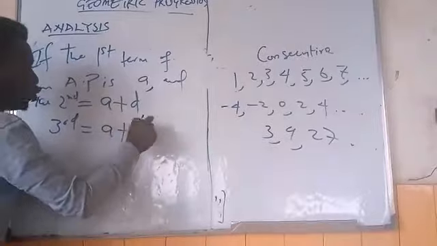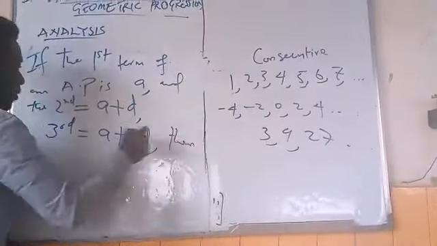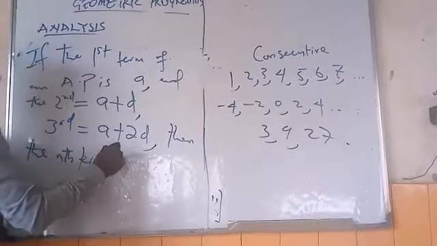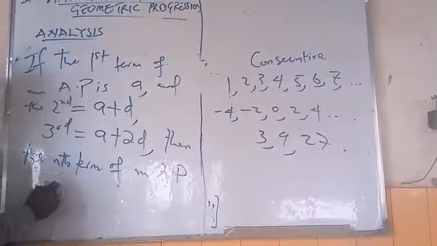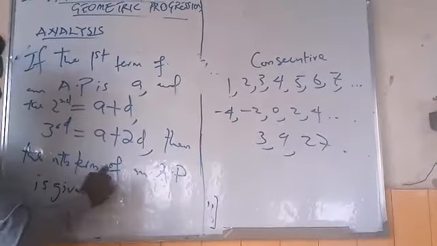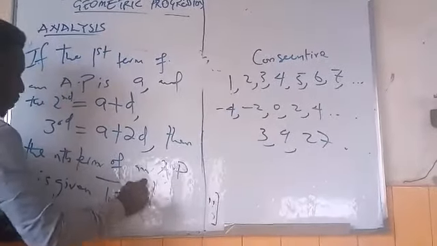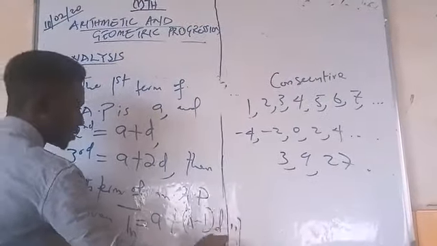A plus 2D. Then the nth term of an AP is given as Tn equals A plus n minus 1, close your bracket, D.